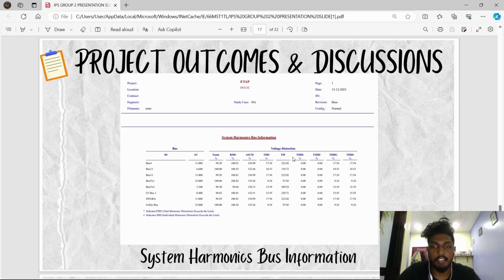And also these are the parameters: fundamental percent, RMS percent, ASUM percent, THD percent, TIF, THD percent, TSHD percent, and THDG, also lastly THDS. These are the percentage readings for the voltage distortion for the system harmonics.